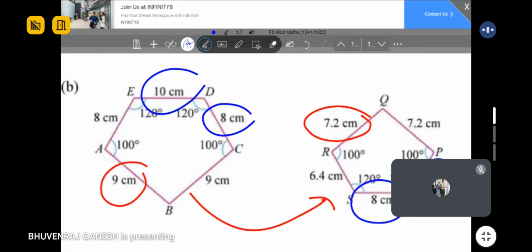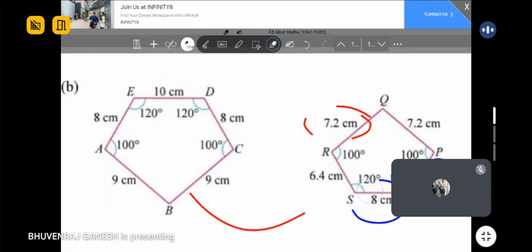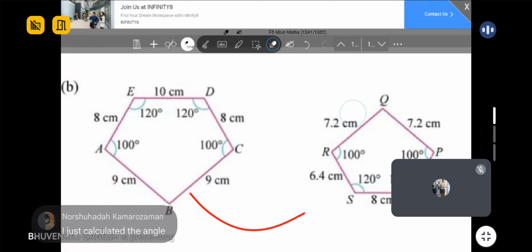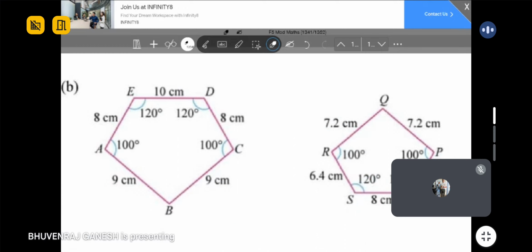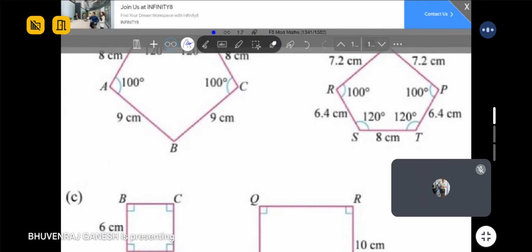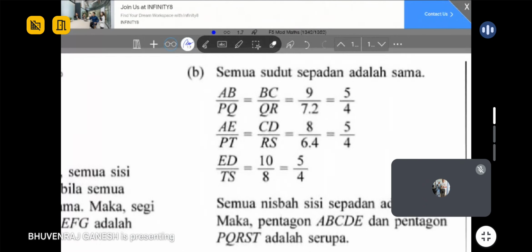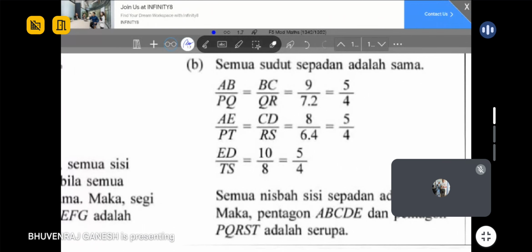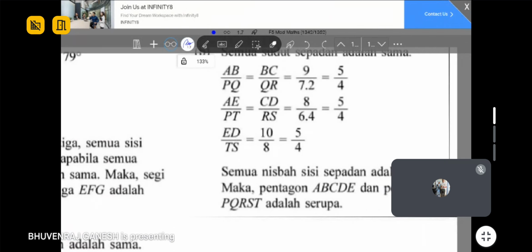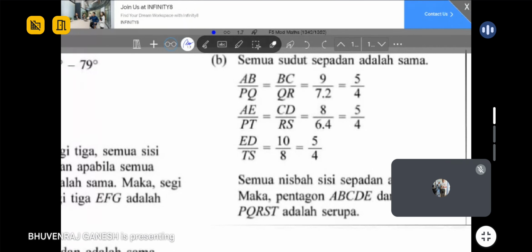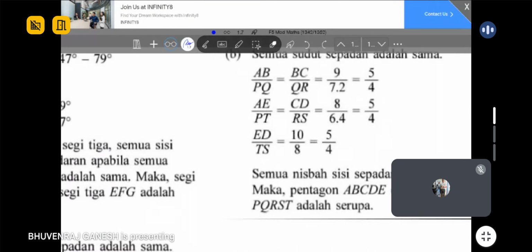So how to know? You check the angle. Can you see, guys? Are the angles all the same? Yes. Okay, exactly the same with each other. So means that serupa, similar object. Okay, so for question B, as what I showed just now, you can count and see all the ratio. Okay, so all the ratio of corresponding side are equal. So means that they are similar.